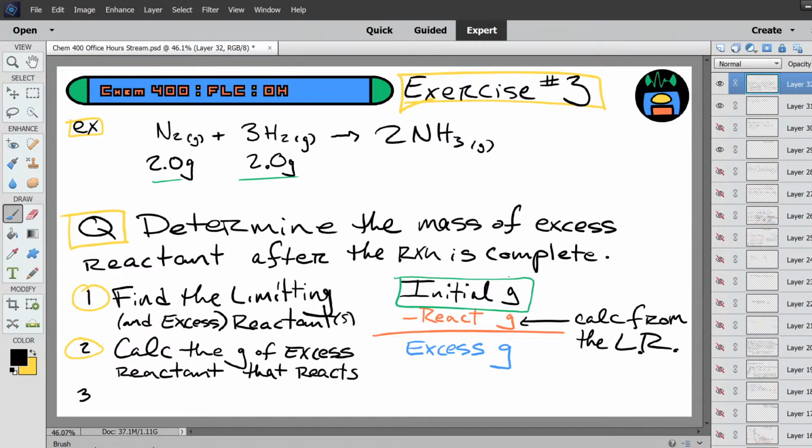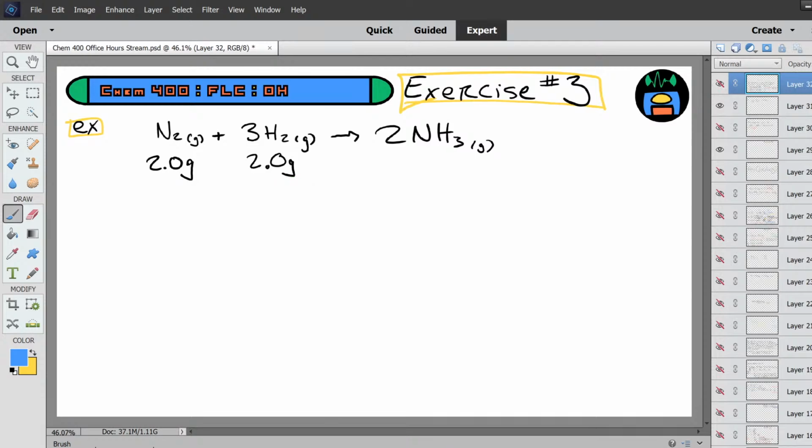And then number three, to find the mass of excess reactant left over, you take the difference. All right, so this is the three-step process.